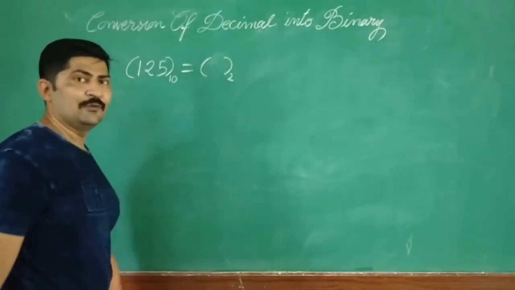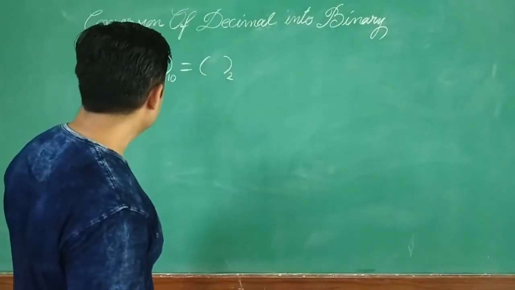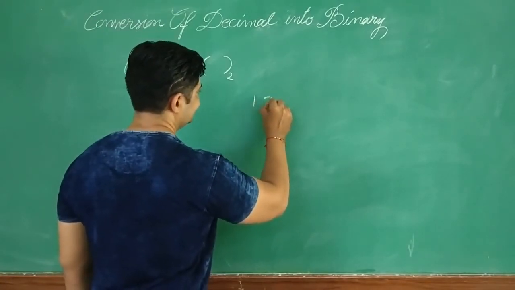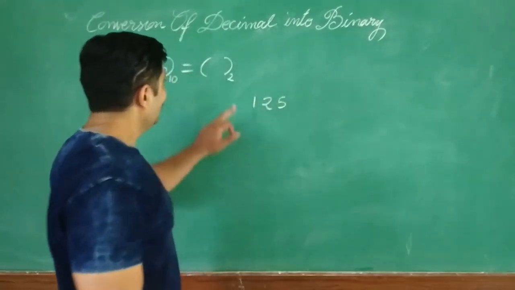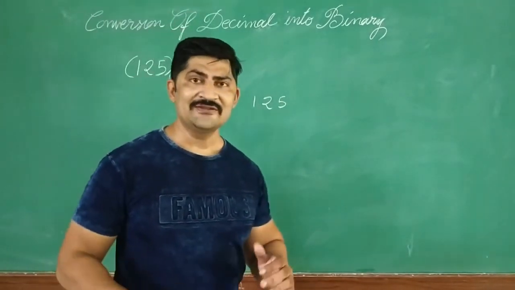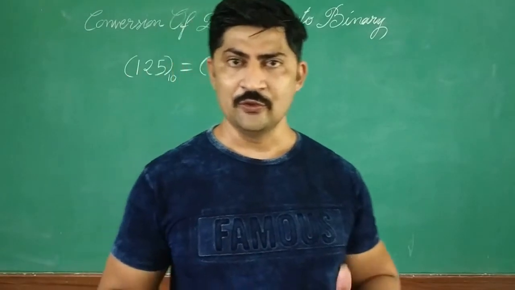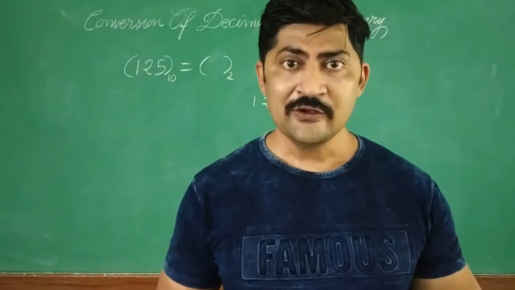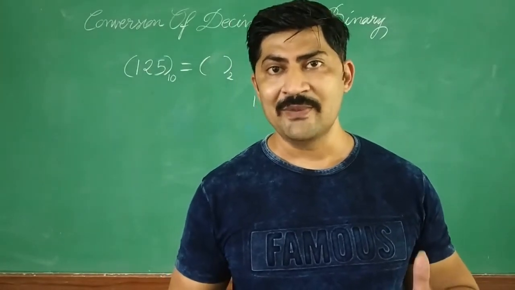This answer we have to find. How shall we do this? Write 125 here. What is the base of the binary number system? The base of the binary number system is 2. So you have to divide this number by 2, and keep on dividing by 2.